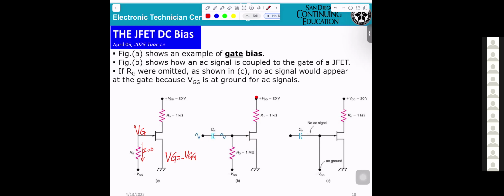They will be ground at this point, and also at VG. If you don't have the resistance here, it grounds it, which means the sine wave cannot go to the gate. It goes to the ground. So that's why they need this resistor, to guarantee the signal can go into the input of the FET.